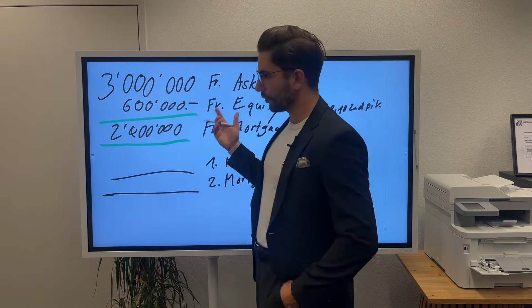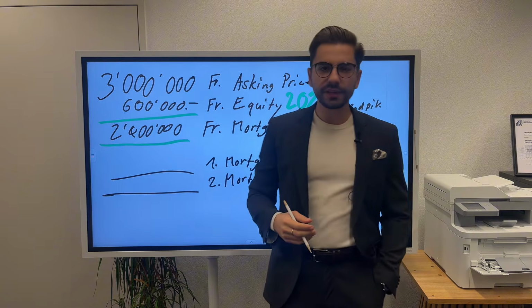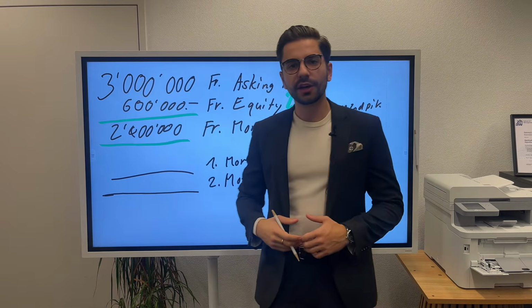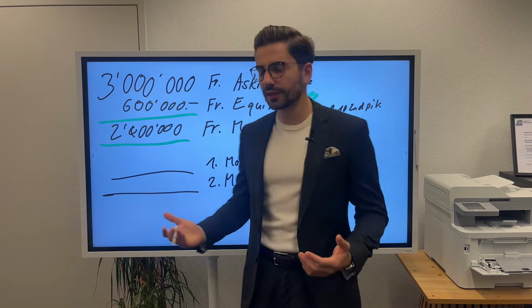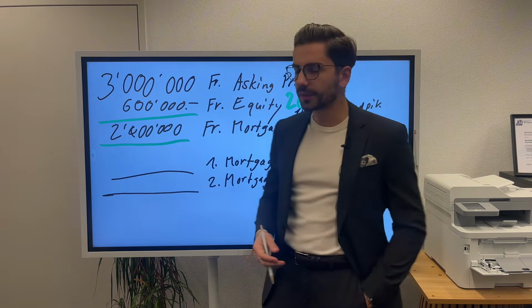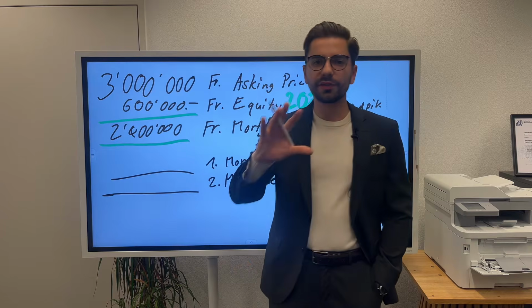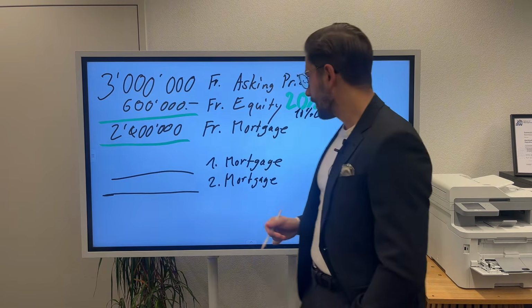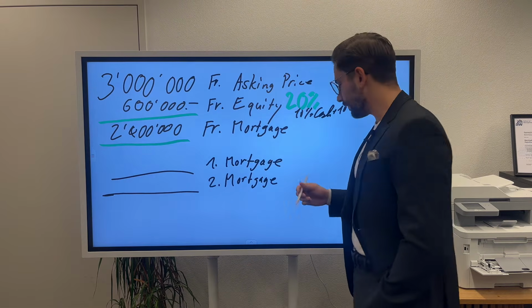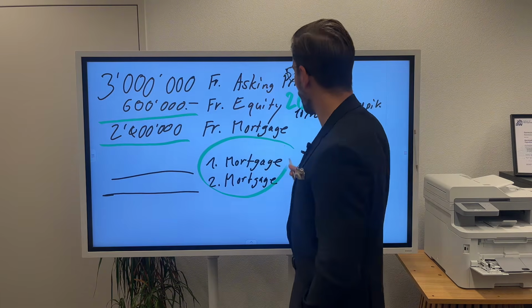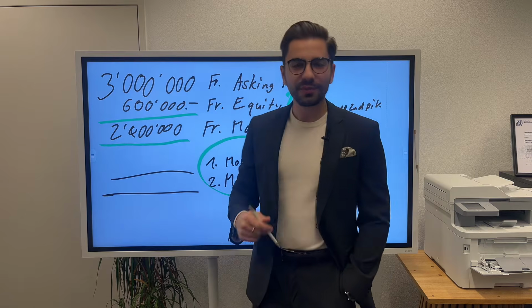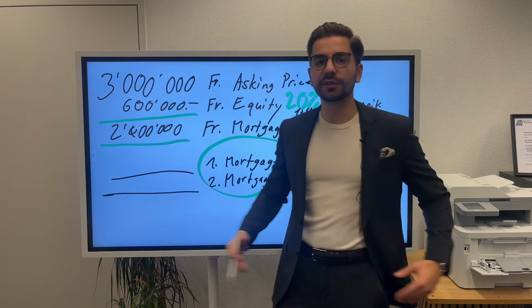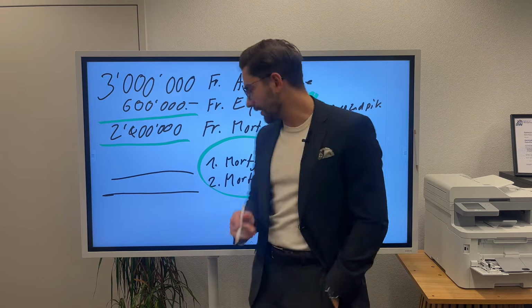The problem with this affordability calculation is that banks don't make the calculation with the interest rates that you're going to have to pay. 10 years is like 1.5%. They're going to make the calculation with 5%, but you're going to see it. Now, a special thing is that the mortgage is going to be divided into a first mortgage and a second mortgage, because in Switzerland you don't have to pay back the whole mortgage, only the second mortgage.